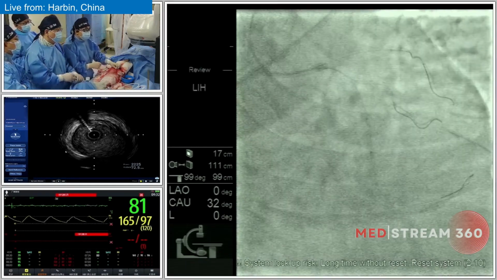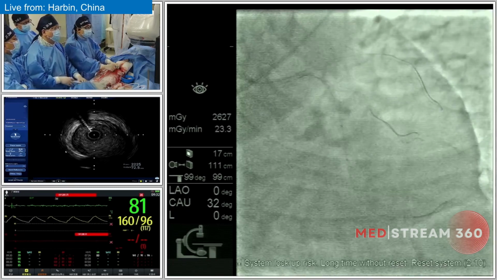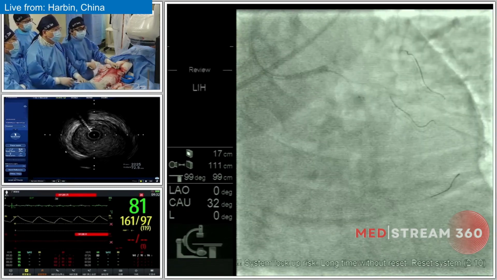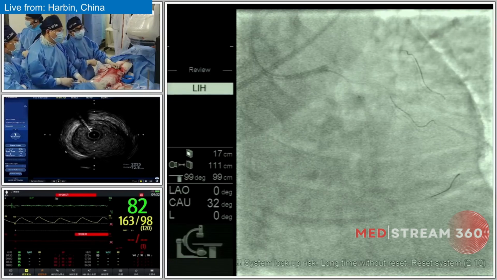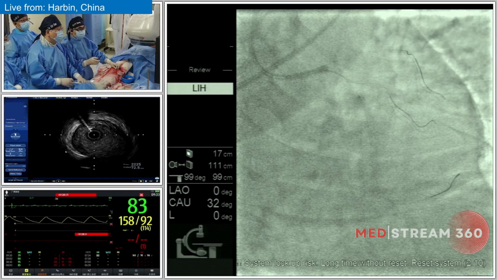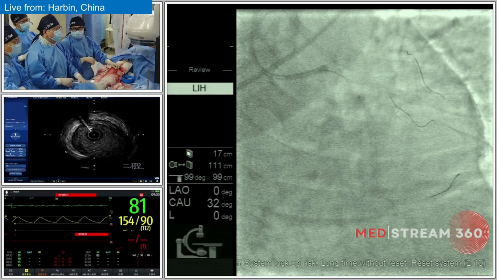For this patient, the case is very suitable for the antegrade approach to recanalize the CTO lesion because the epicardial collateral is very poor according to the size and continuity.